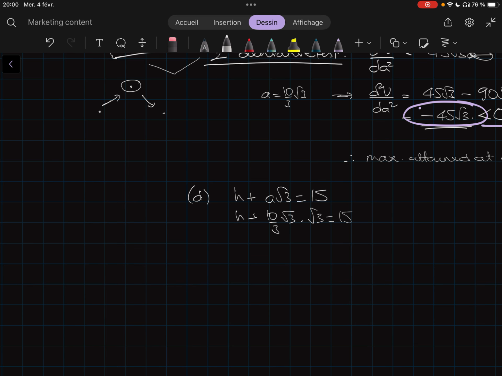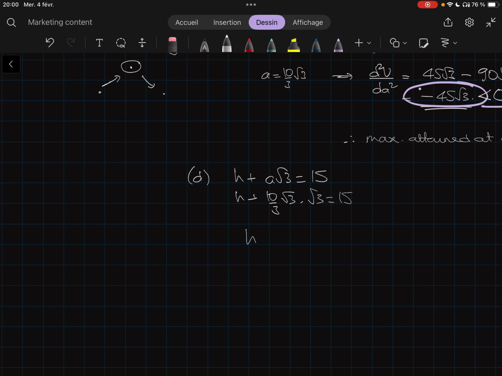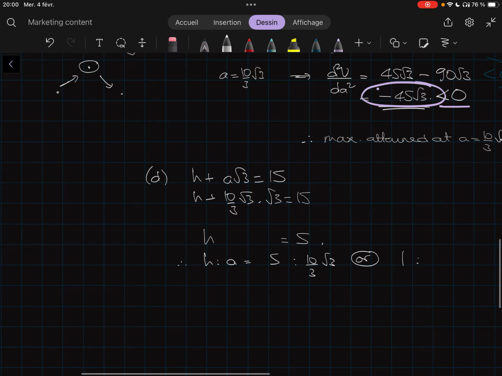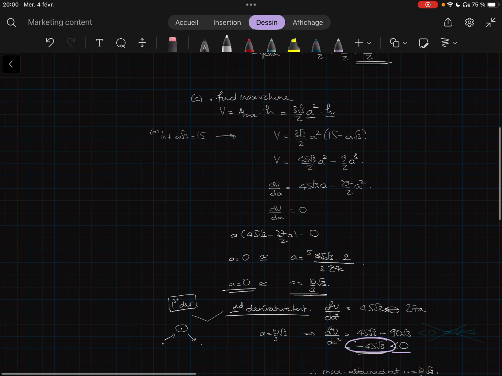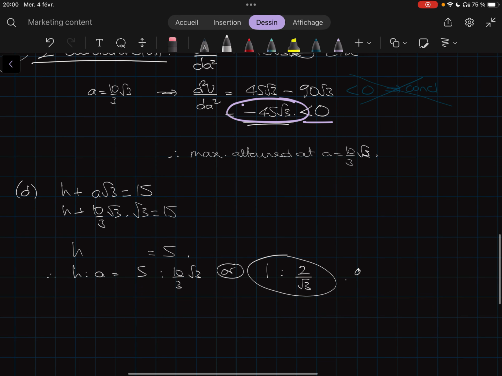So we can literally find the numerical value of H. And thus, the ratio of H to A is 5 to 10 by 3 root 3. Or, in other words, it is 1 by 2 divided by root 3. Or you can also say it is root 3 by 2. All of these answers are accepted.